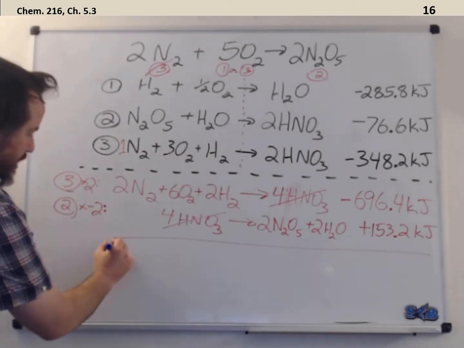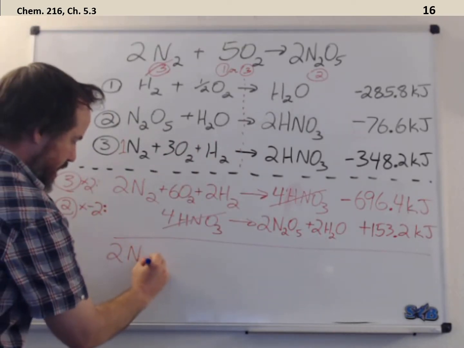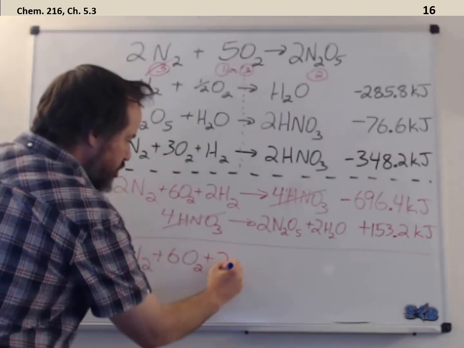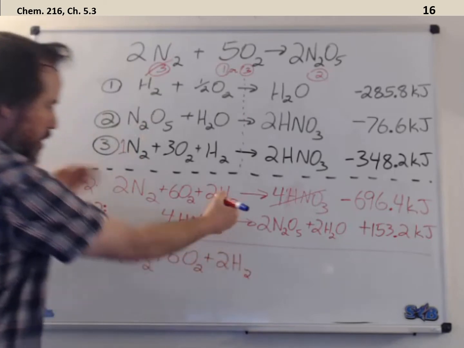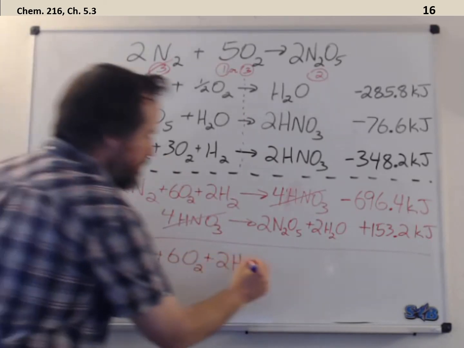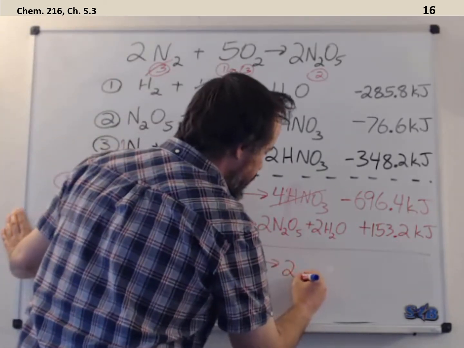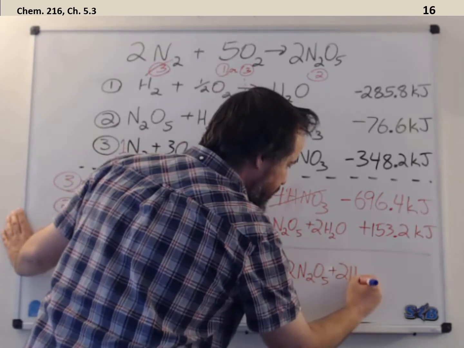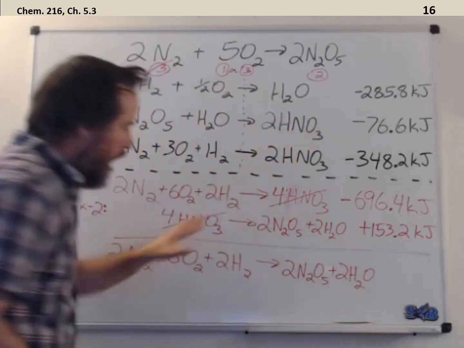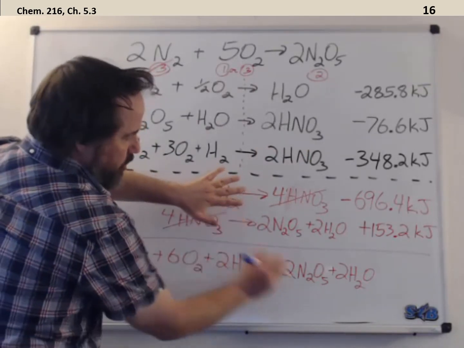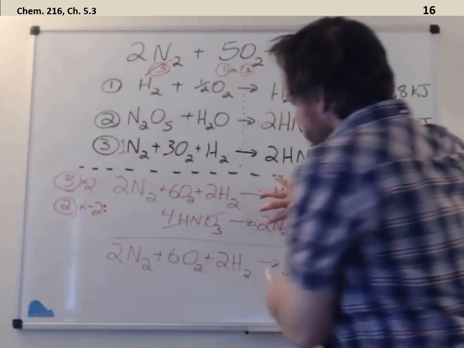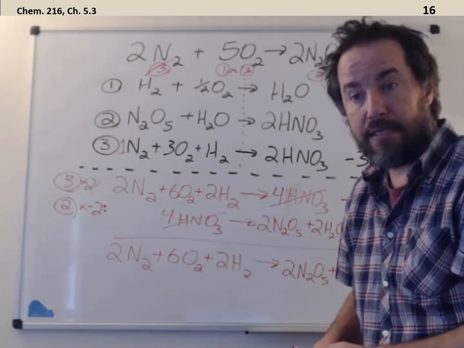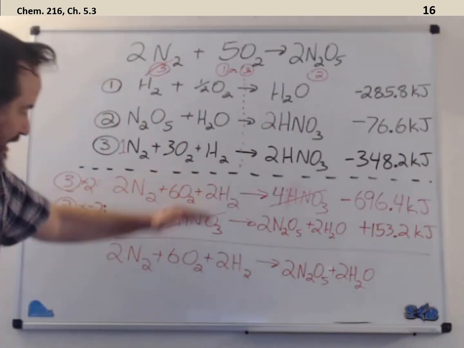Now I get 2N2 plus 6O2 plus 2H2, and there are no other reactants, going to form 2N2O5 plus 2H2O. I look at all my products, there are only two. If there was something else, it would go on as a reactant.